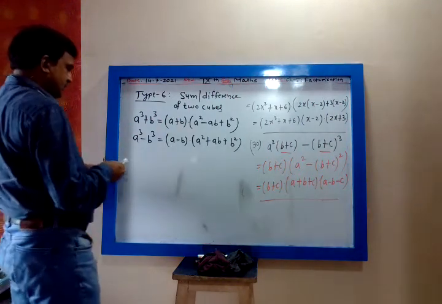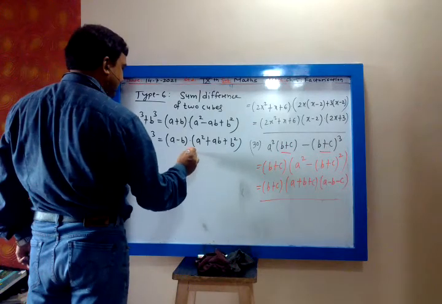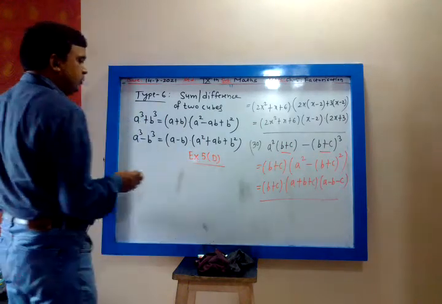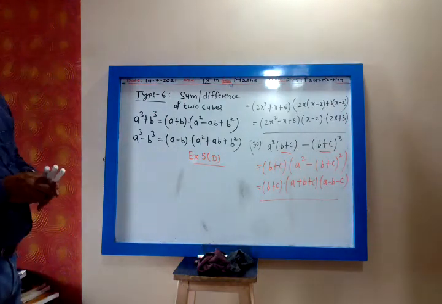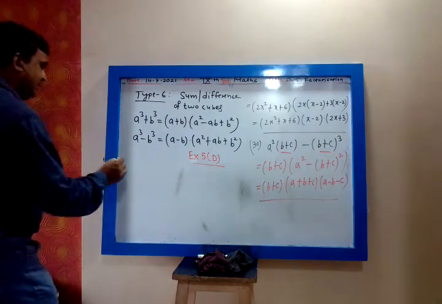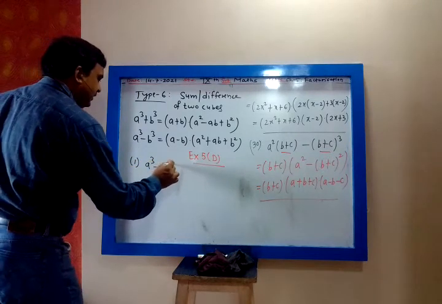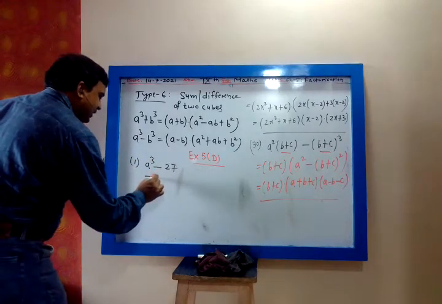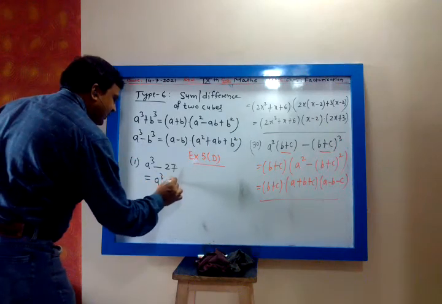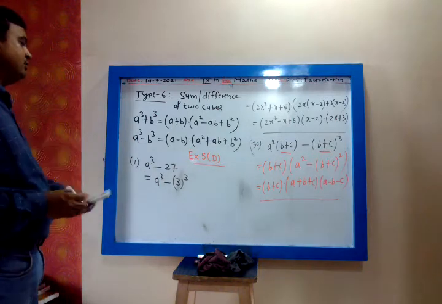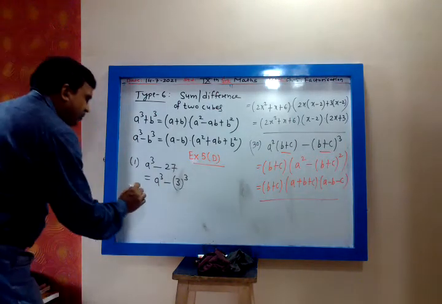Okay. So let us solve exercise 5D, which is sum or difference of two cubes. First, a cube minus 27. A cube I can write a cube, 27 I can write 3 cube. So it is of the form a cube minus b cube. What is a cube minus b cube?